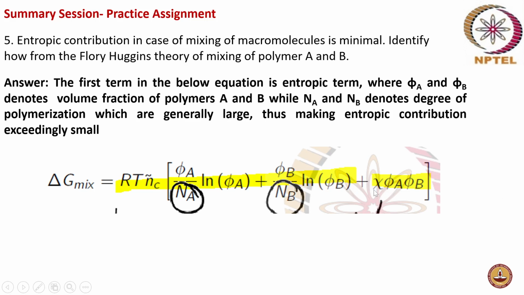In the entropic term, we have phi A and phi B, which denote the volume fraction of polymers A and B, while Na and Nb denote the degree of polymerization.